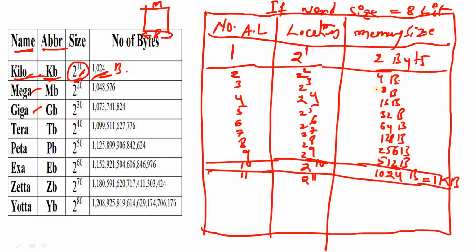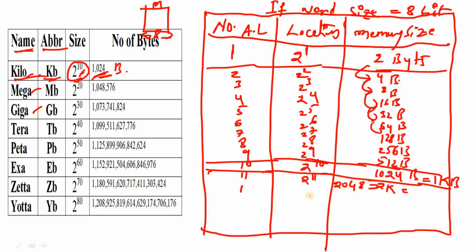The next point is, see, every time it doubles: 2 is doubled to 4, then 8 is double, the next 16 is double, 32 is double, like this. Here 1024 is doubled, or 1 KB is doubled, that means 2K. 2K means 2048, like this.